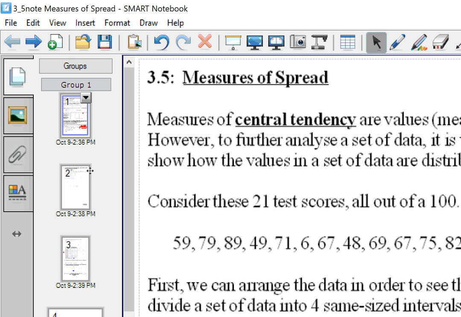So we'd have to count from 48 all the way up to the 11th spot in that list, and the middle term, which just happens to be 69, ends up being our median. And the median for this set of test scores is what we call quartile number 2. Quartile number 2 is 69%.